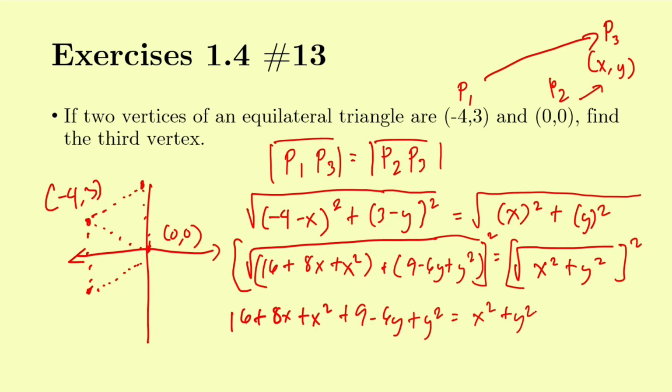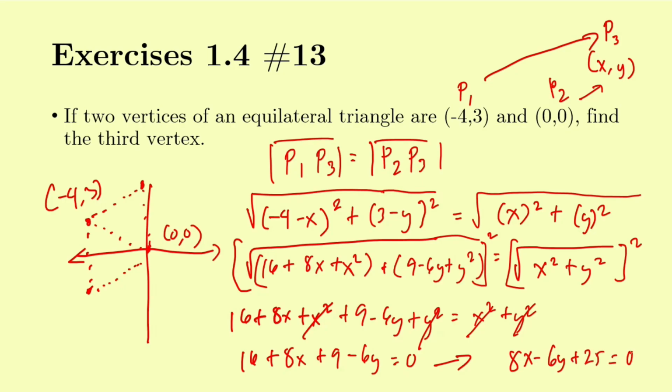Then we can cancel out or combine like terms if it is possible. So si x squared sa left side at si x squared sa right side, we can cancel that out, as well as si y squared. So may natira sa atin is 16 plus 8x plus 9 minus 6y is equal to 0. And then we can combine like terms again to form 8x minus 6y plus 25 is equal to 0.